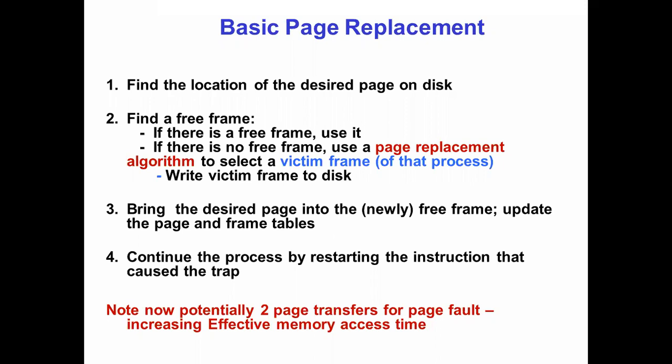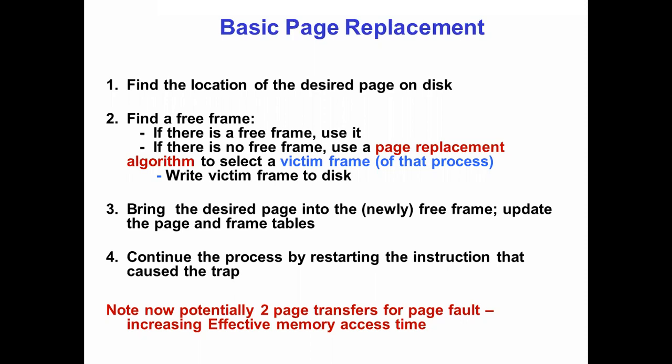So first we will find the location on the disk, and then we will check whether there is a free frame available or not, in the context of the physical memory, where the page will be placed in a frame. So first we will find out the free frame.